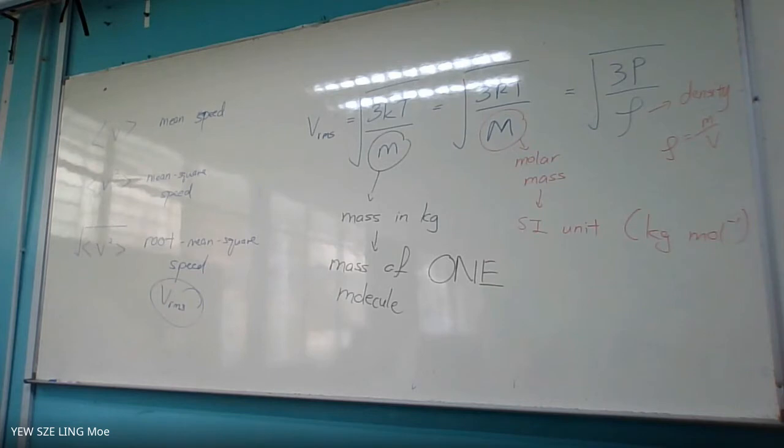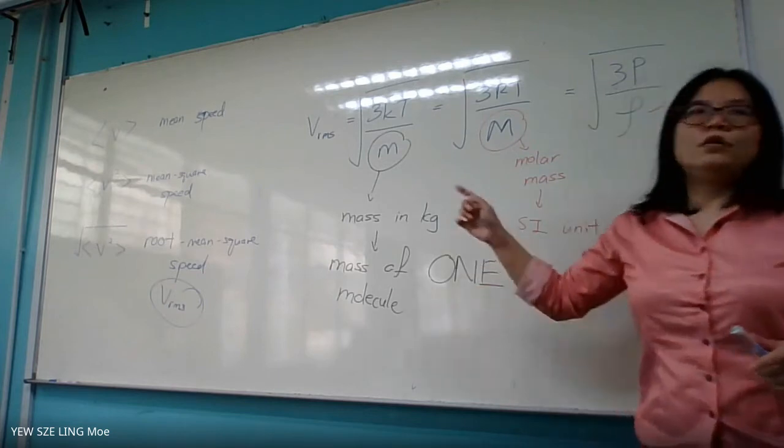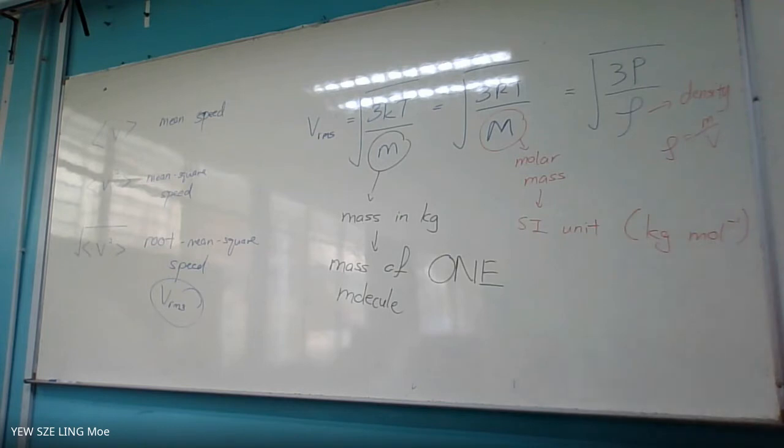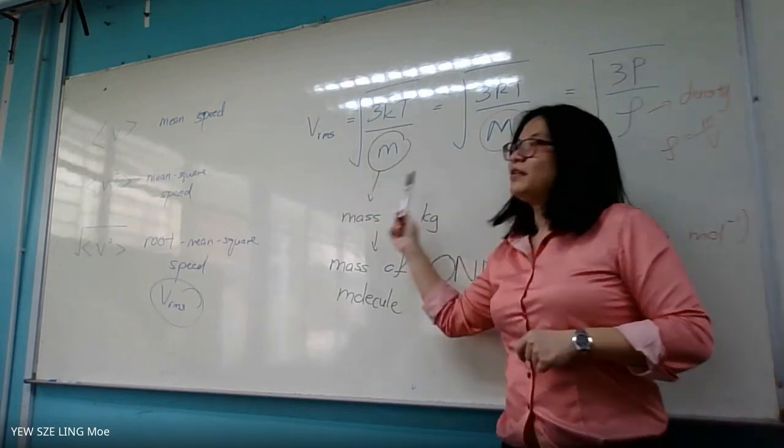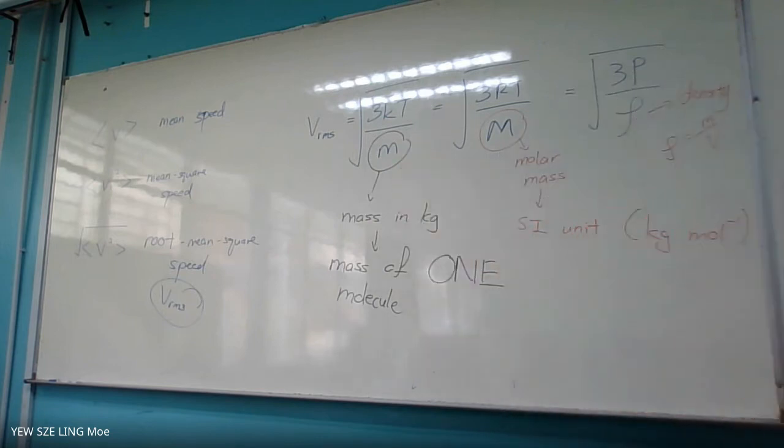Then you need to find out how many grams every single molecule is equivalent to. So 100 grams is 1,000 molecules; one molecule is how many grams? 0.1 gram, guys.